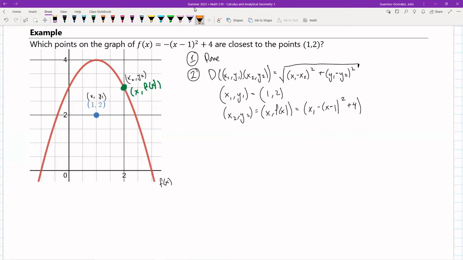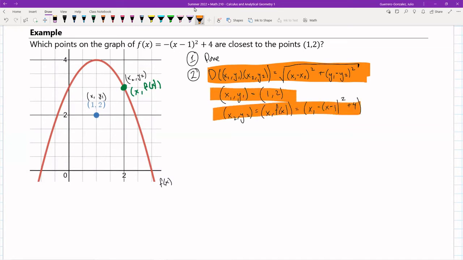Now I can use this in here because I have x1s, y1s, x2s, and y2s in here. I can use both of these coordinates in the distance equation, and hopefully get an equation which just has x's in it. So that's exactly what I'm going to do here.